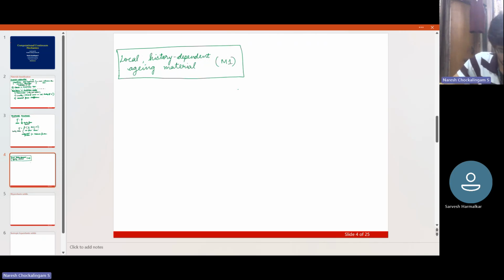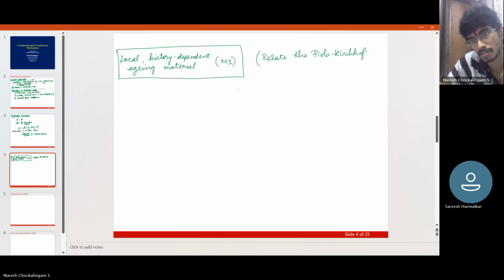the response function is in general given as, suppose I want to relate the first Piola-Kirchhoff stress tensor with its work conjugate.